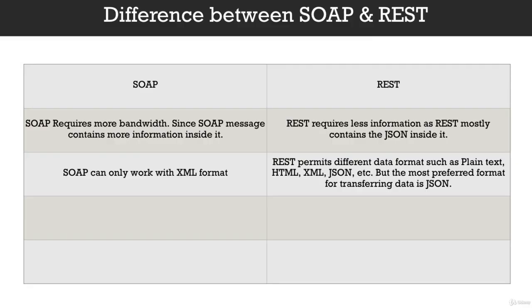Whereas REST contains information mostly in the form of JSON, but it can also contain text, XML, or plain text body. SOAP can only work with XML format, which is a limitation of SOAP, and it is also an advantage of the SOAP API. Whereas REST can work with different formats, which include XML, and we already discussed that REST can consume SOAP as well.